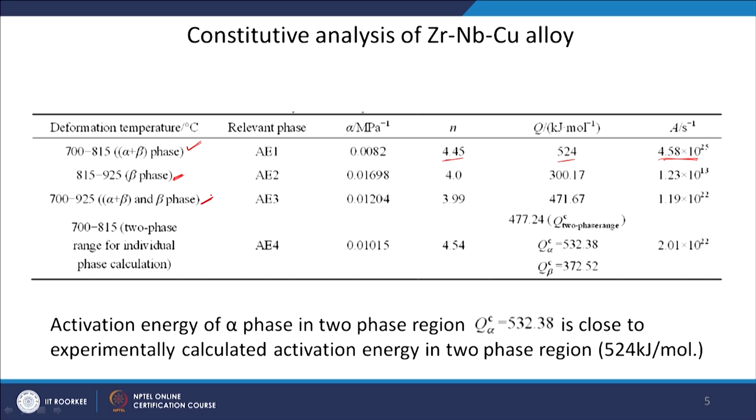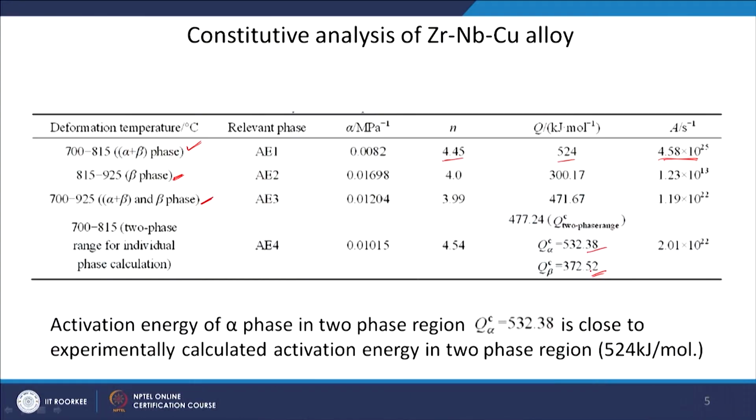And the third calculation which we did, we also wanted to know, when you are in the two phase region, which phase is dominating the deformation behavior. Whether alpha phase is the one which is deciding how the flow stresses will be, or what will be the response of the material.